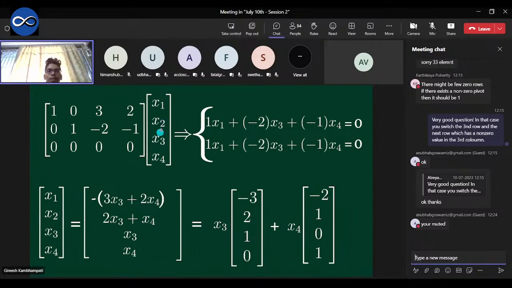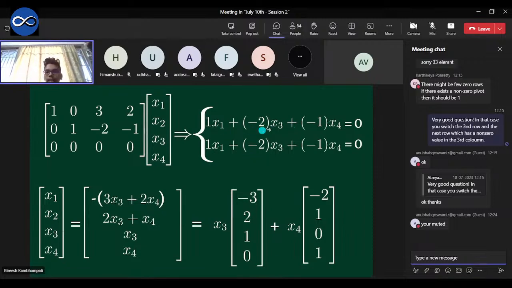For this x bar to be in the null space of A, A x bar should be equal to 0. So we are getting these equations.